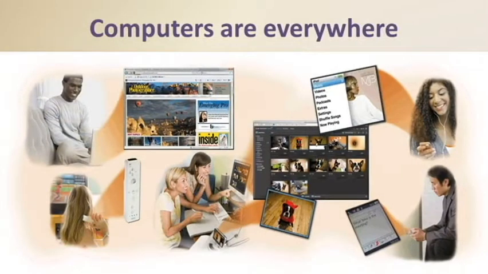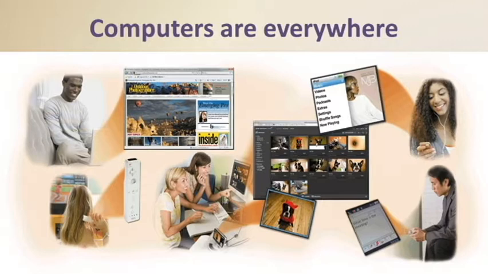Computers come in different types and sizes. When we talk about a computer, most people think of the desktop computer, but the desktop computer is simply one type of computer. There are several other types, which include the laptop, smartphones, and tablets.